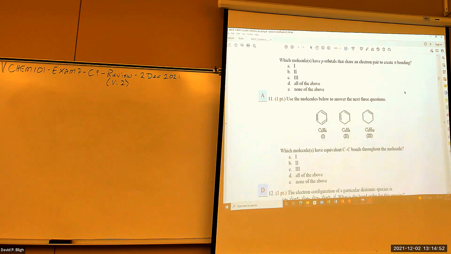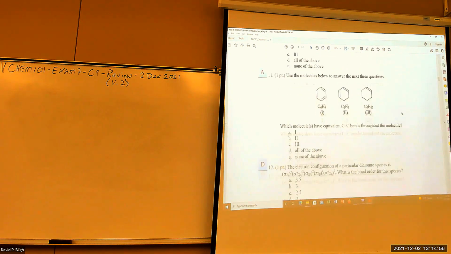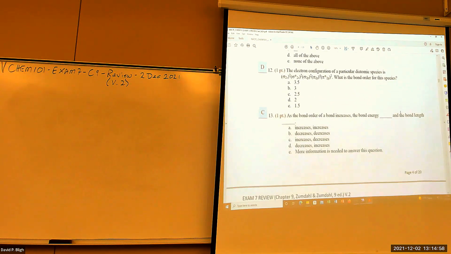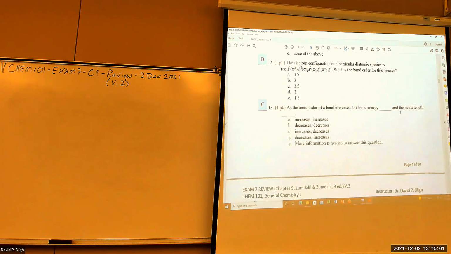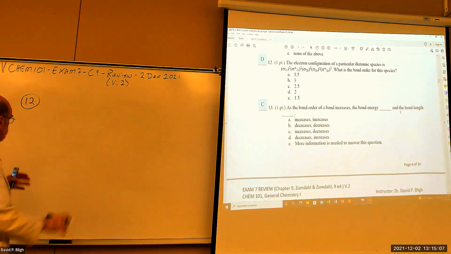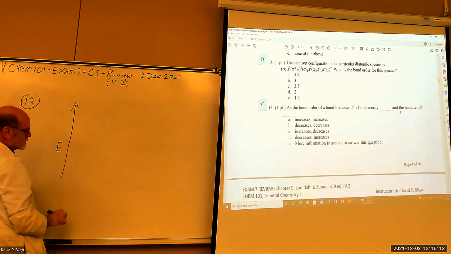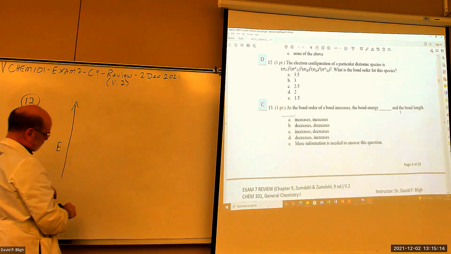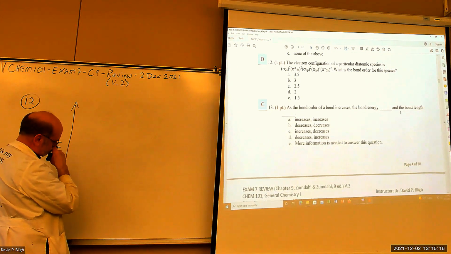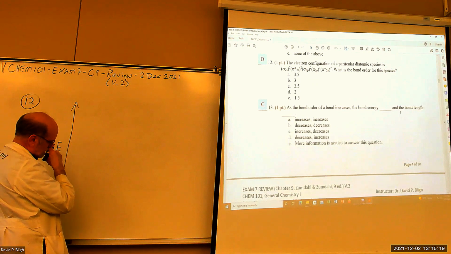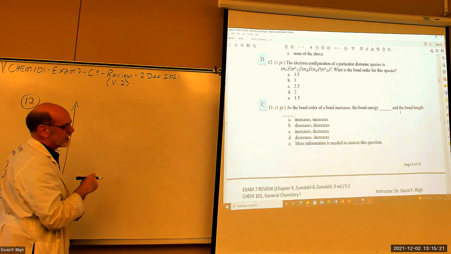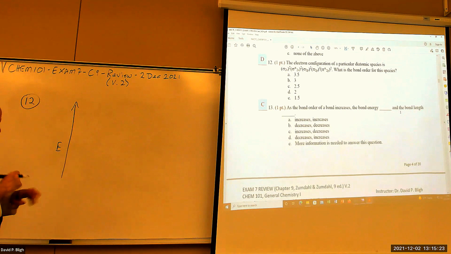All right, 11, let's see, I want to do 12 because it introduces the shorthand version of writing molecular orbitals. So remember when we had the energy diagram, increasing energy, and we left out the 1s's.